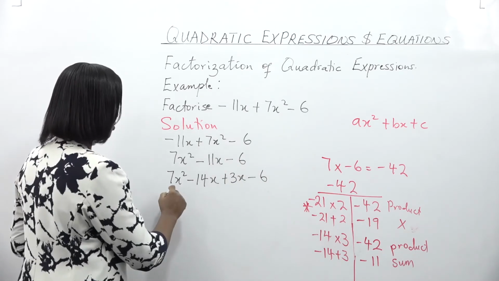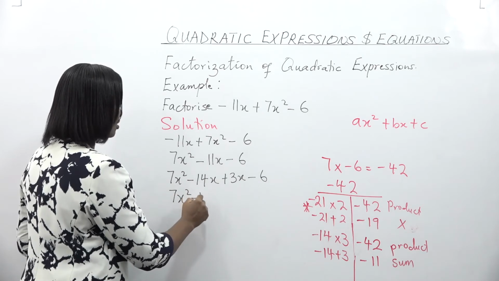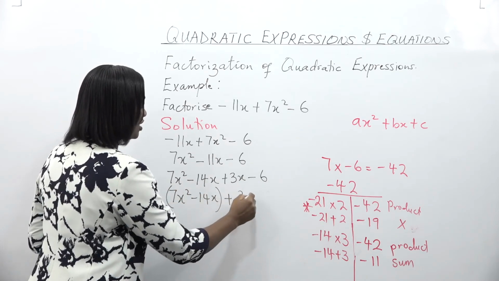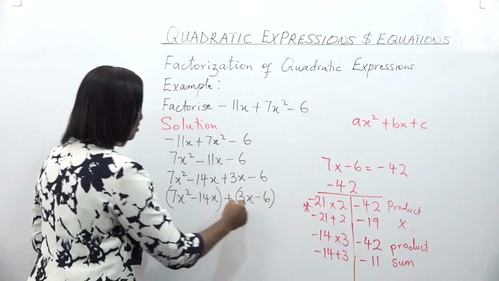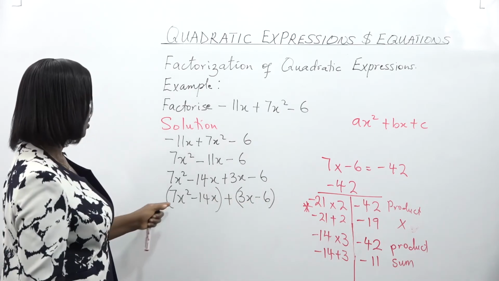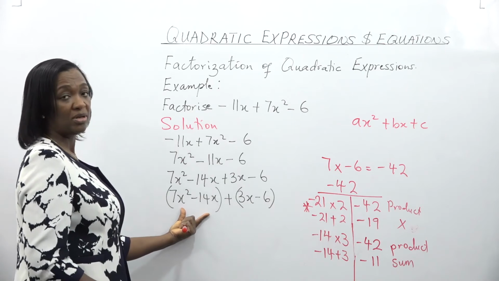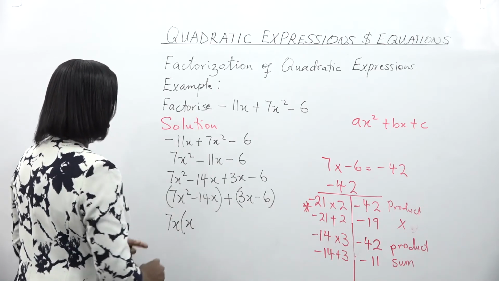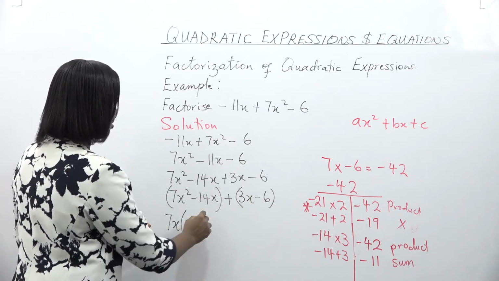Then we group 7x squared minus 14x in one group, plus 3x minus 6. We factorize. What is common? 7x is common in this group. So if we take out 7x, we are left with x minus 2.